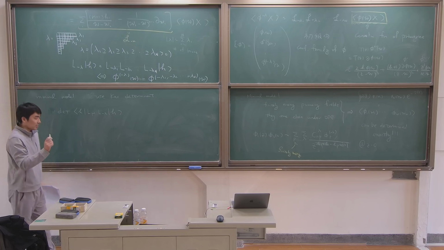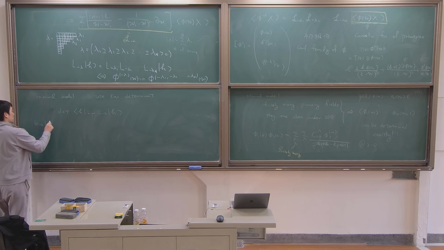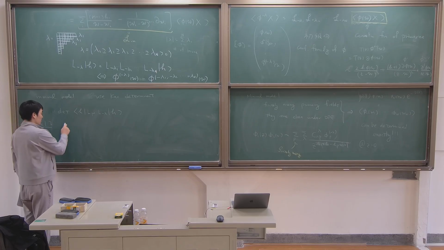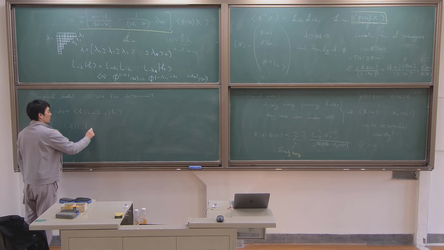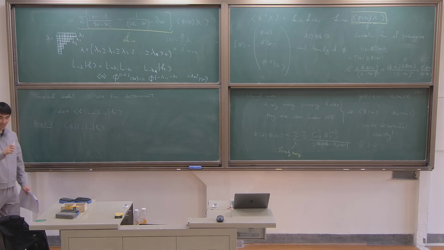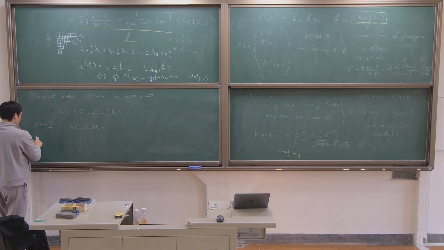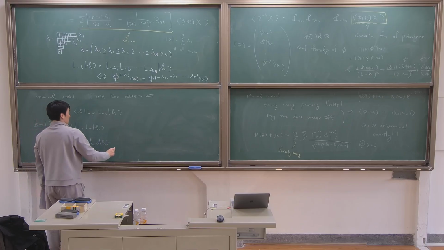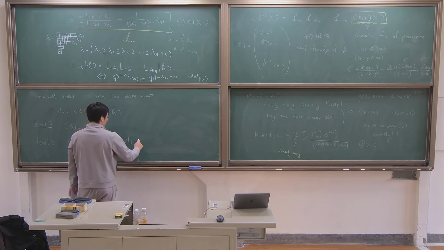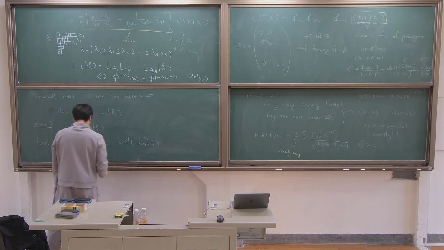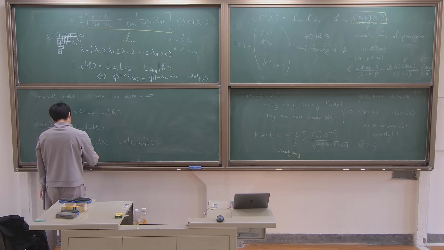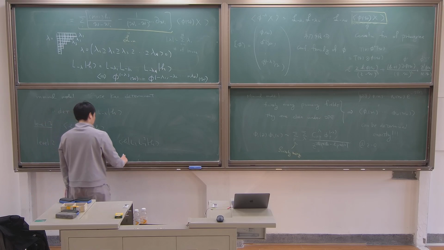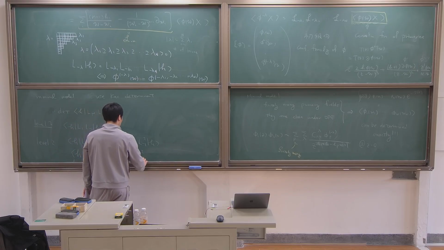Let's look at level 1. Level 1 is very simple: <h|L1 L_{-1}|h>, so it's just a number. Level 2 is 2 by 2: <h|L2 L_{-2}|h>, <h|L2 L_{-1}^2|h>, <h|L1^2 L_{-2}|h>, <h|L1^2 L_{-1}^2|h>.